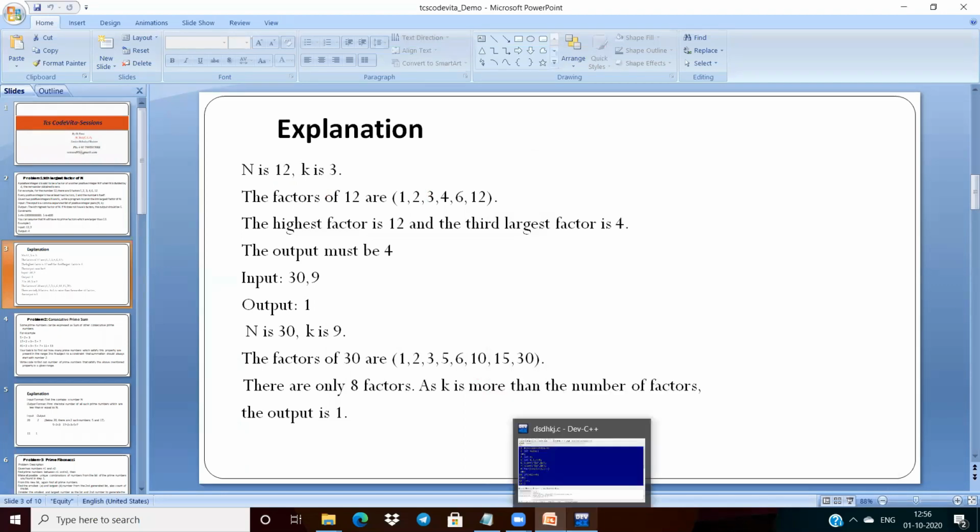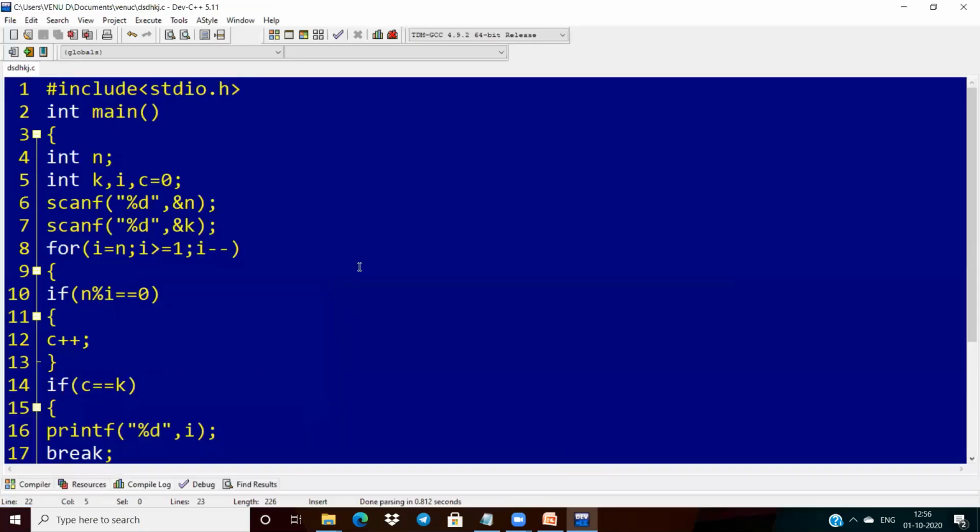Just take the scenario. If I'm giving input 12, what are the factors of 12? First, I value will be 12.